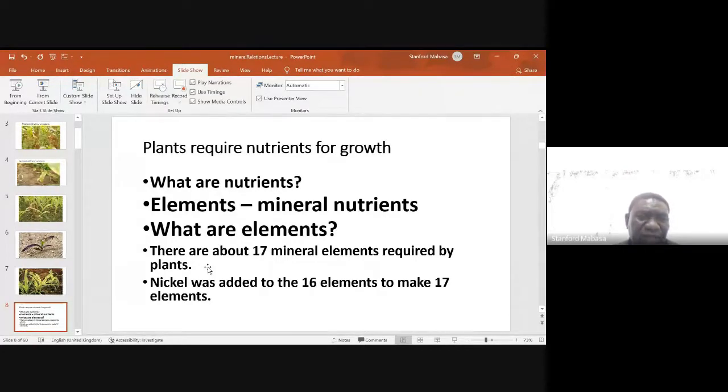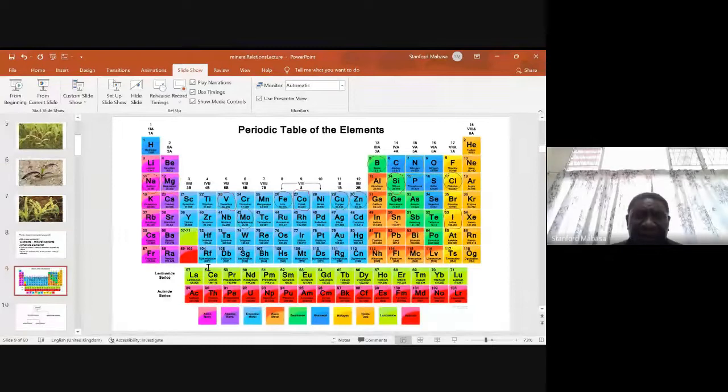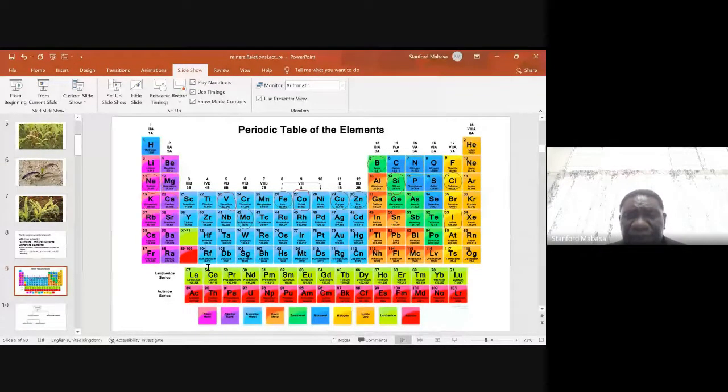I'm sure you could be curious to want to know these elements. Here I have got a display of the periodic table, which is showing us the possible elements which you can find on Earth.